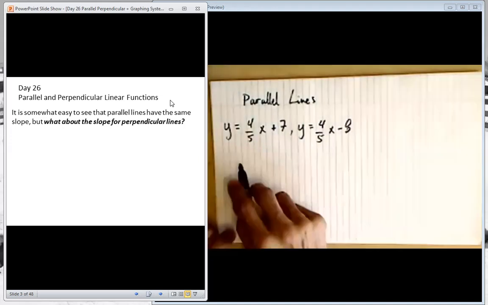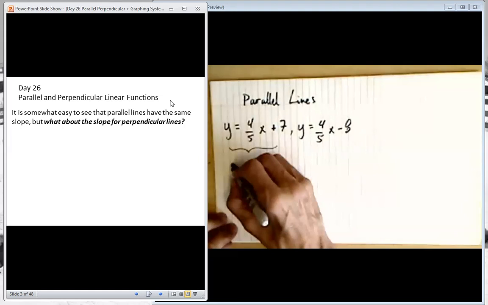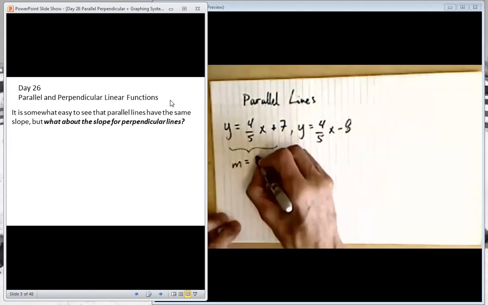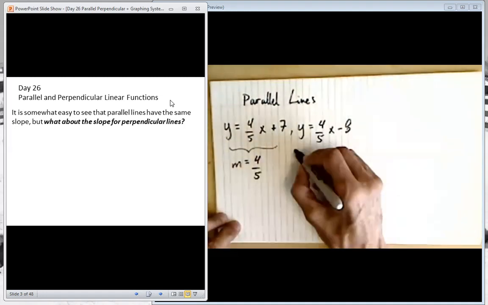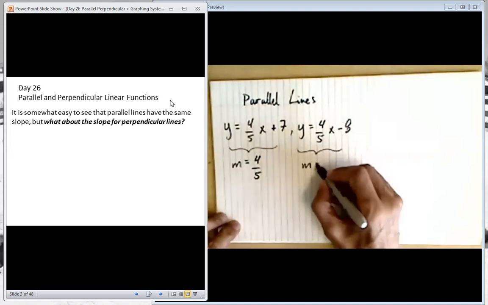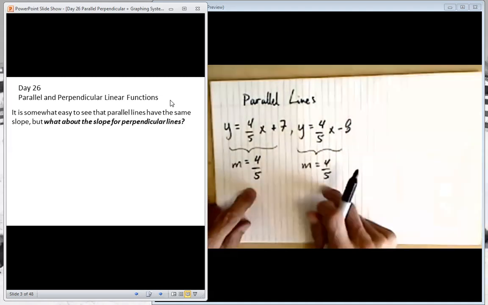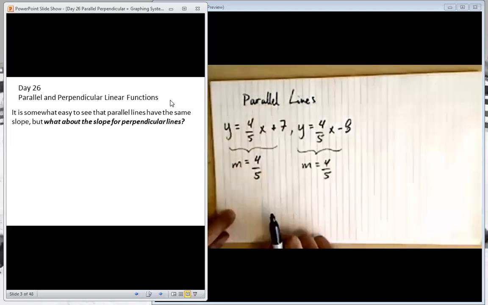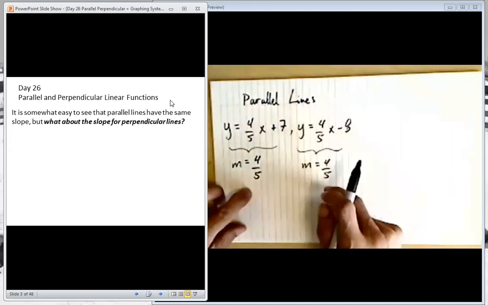What's the slope of this line here? Four over 5, just read it off. Nice, eh? What's the slope of this line over here? Yeah, 4/5. Nice. So are these slopes the same? Yep. Parallel lines, right? Different y-intercepts, but hey, that's okay.